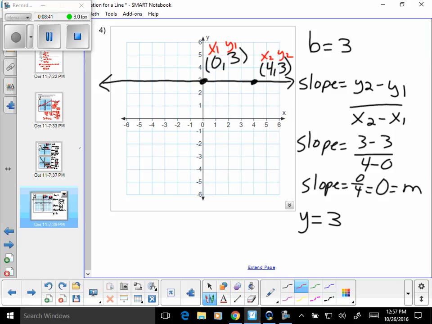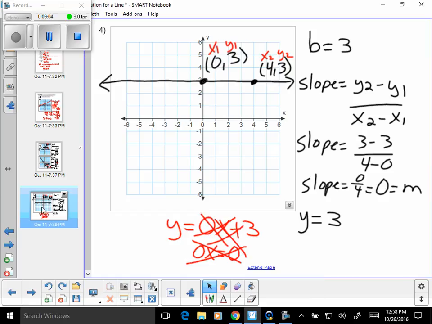So I take 3 minus 3 over 4 minus 0. I'm going to get 0 over 4. That equals 0. Now remember, it would be 0 times x plus 3. But 0 times x equals nothing, so I don't write it. So therefore, my equation is y equals 3.